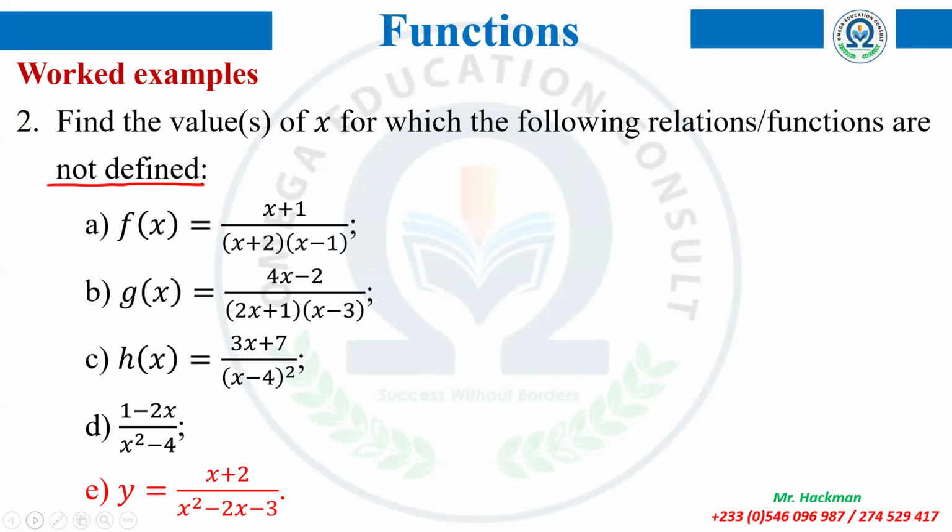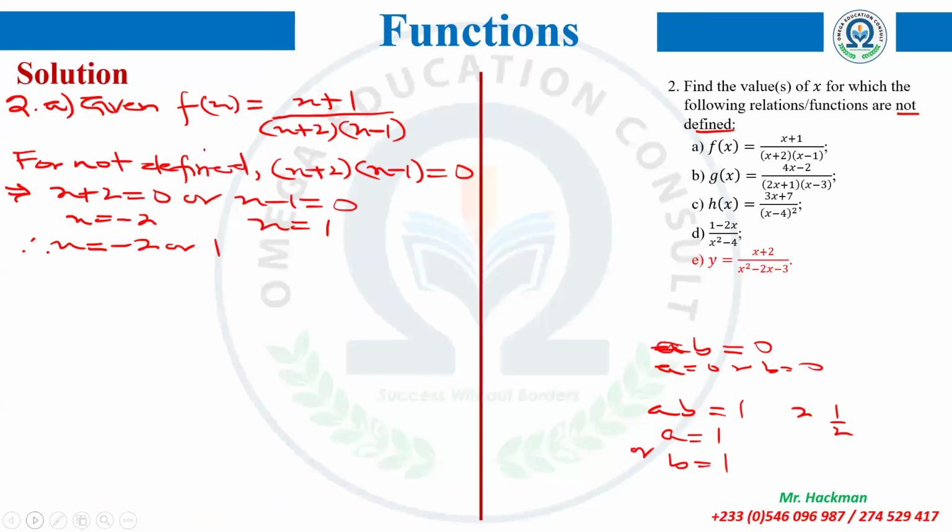But if you do the right thing, you don't need to investigate. It's not necessary. This is just for you to know exactly the meaning of the statement. So let's see, if x is equal to -2, you get -2 plus 4. This will be 0, and once this is 0, irrespective of the value here, the whole of this will be 0, making the whole of the fraction undefined. And if x is equal to 1, you are going to get 1 plus 2, which will give you 3 here.